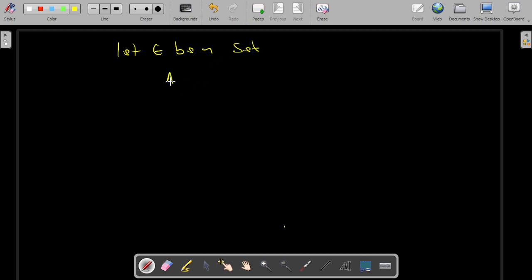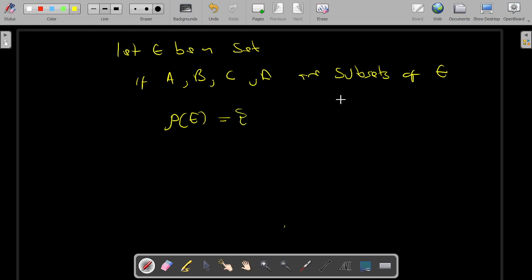Now, if A, B, C, D are subsets of E, well, the set that I'm talking about, l'ensemble des parties de l'ensemble E, is going to be the set of all the subsets of E. So we use this fancy letter P, and we basically write P of E. So it is the set of these guys.